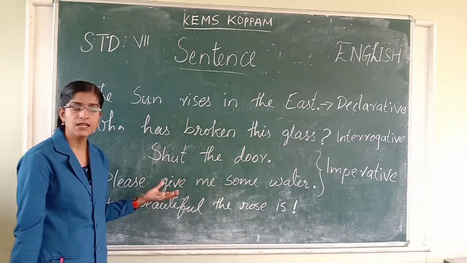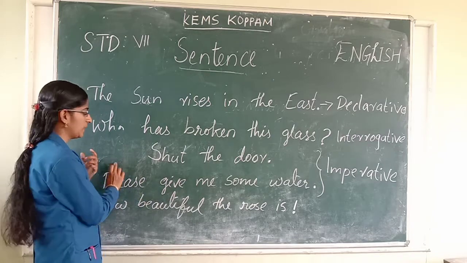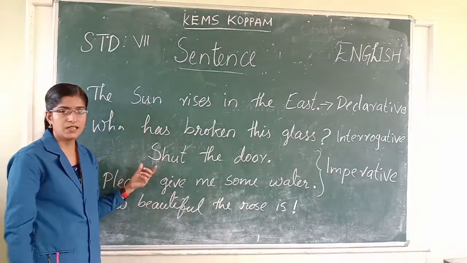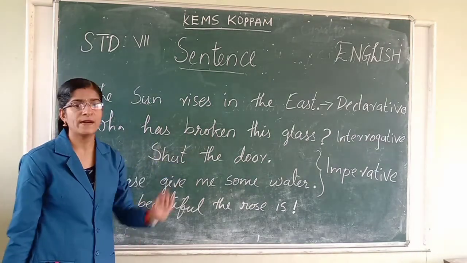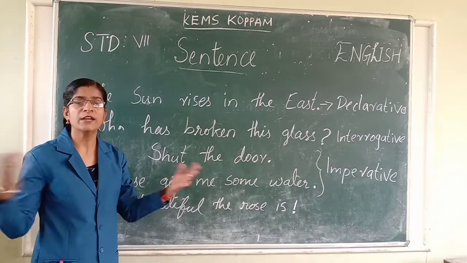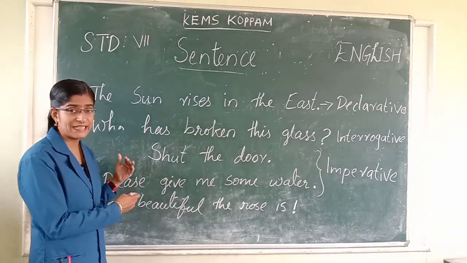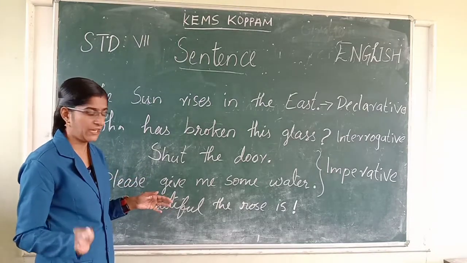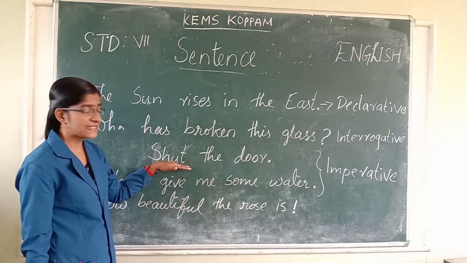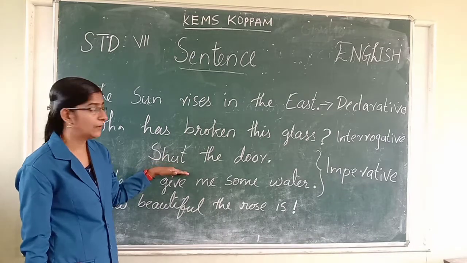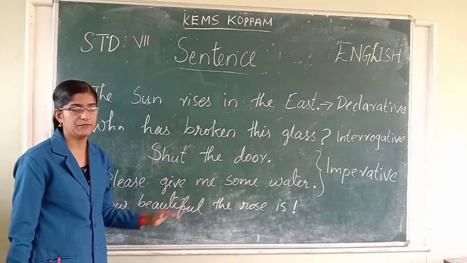Peter, shut the door. Otherwise, you is here. You shut the door. Open the door means you open the door. Open your notebook means you open your notebook. The subject is there, but we are not using it. So a sentence that starts with the verb is called imperative, for commands.